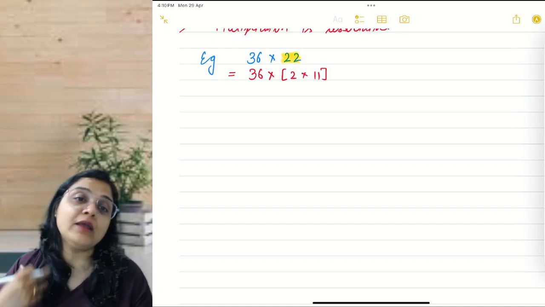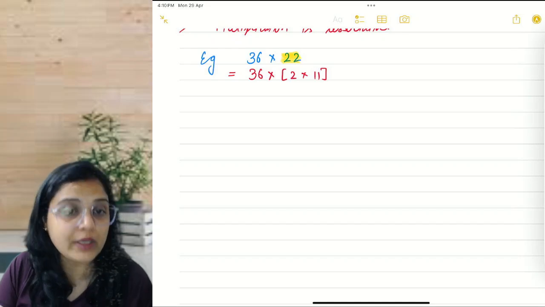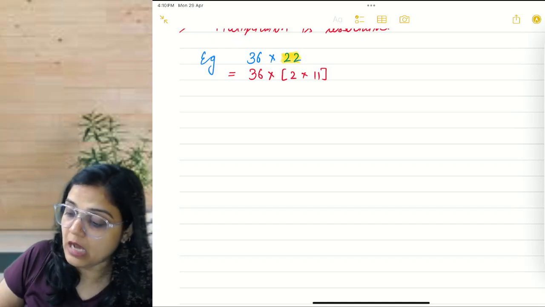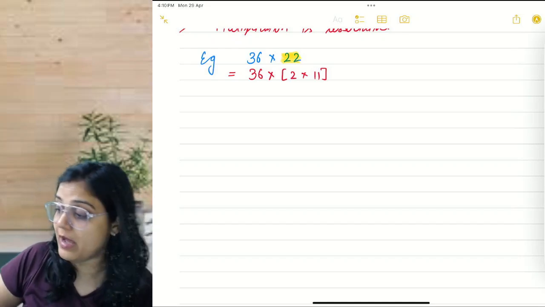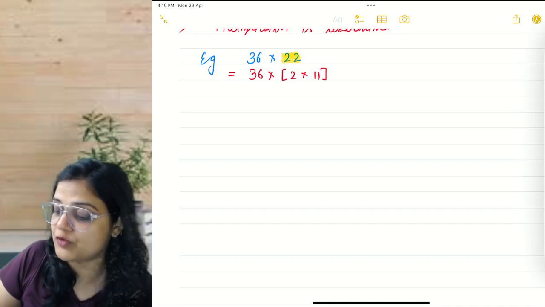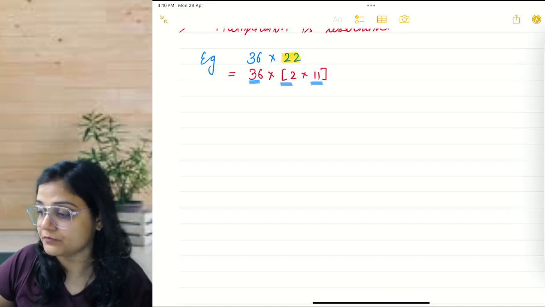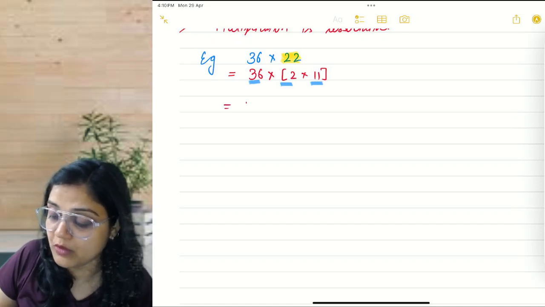So what I have done, I have made the factors of 22 in the form of 11. Now instead of 2, how many numbers do I have with me? Instead of 2, I have 3 numbers, 36, 2 and 11. So what we are going to do? We are going to rearrange them.